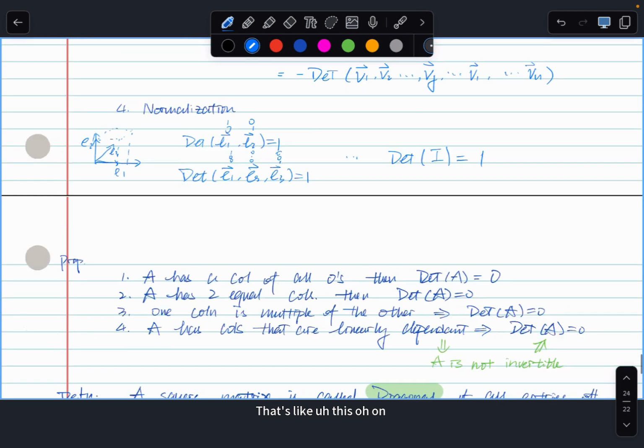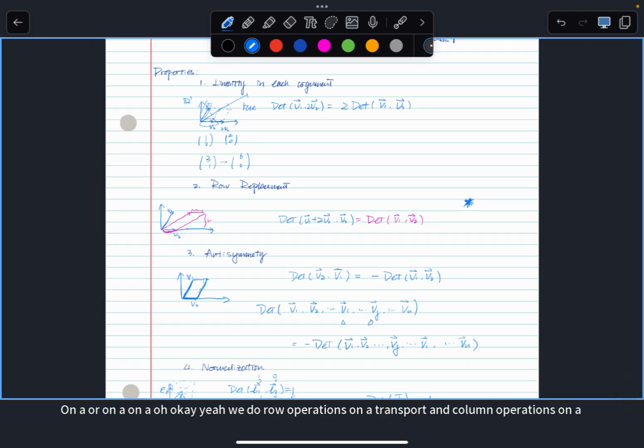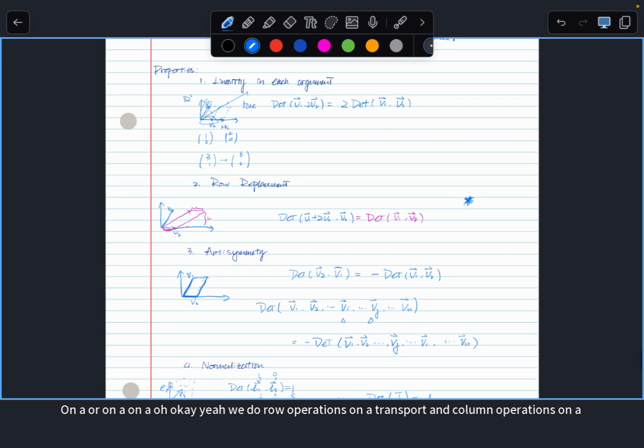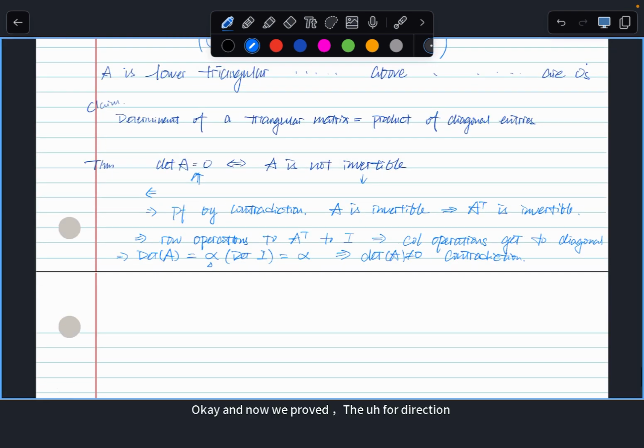Oh, on A or on A transpose? On A. We do row operations on A transpose and column operations on A. We have a contradiction, and now we've proved the forward direction.